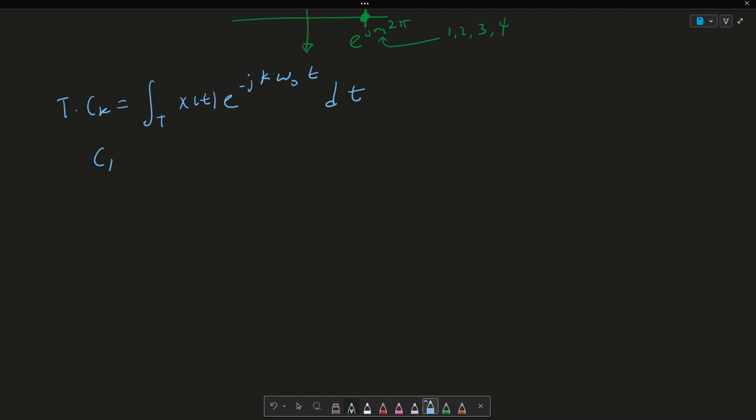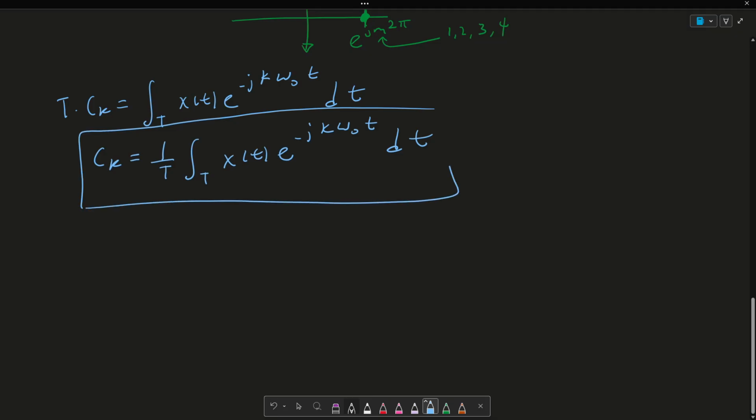And essentially when you solve for ck, you get 1 over T integral over T of x of t e to the minus jk omega naught t dt. And that ends our proof, right? Okay. And this is a very, very powerful tool, very, very powerful proof.